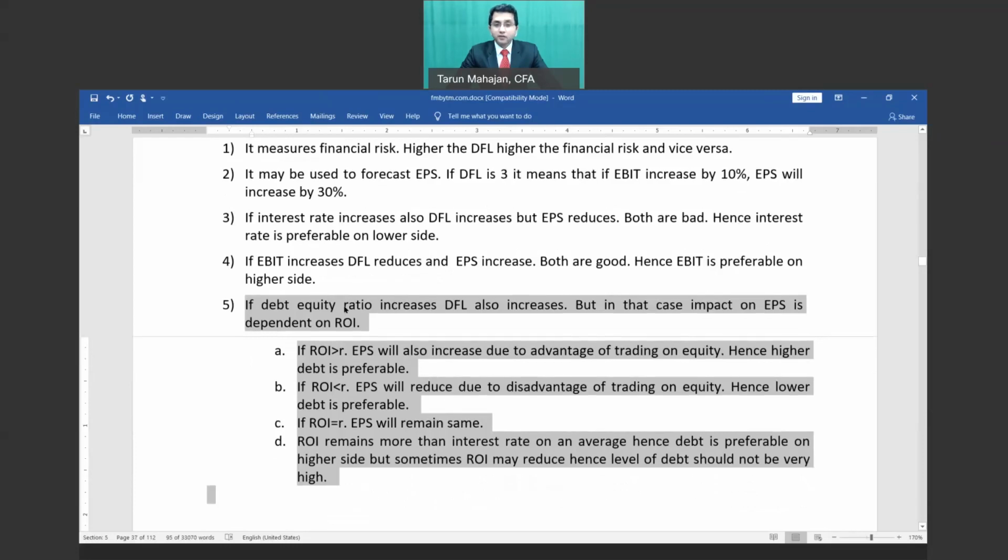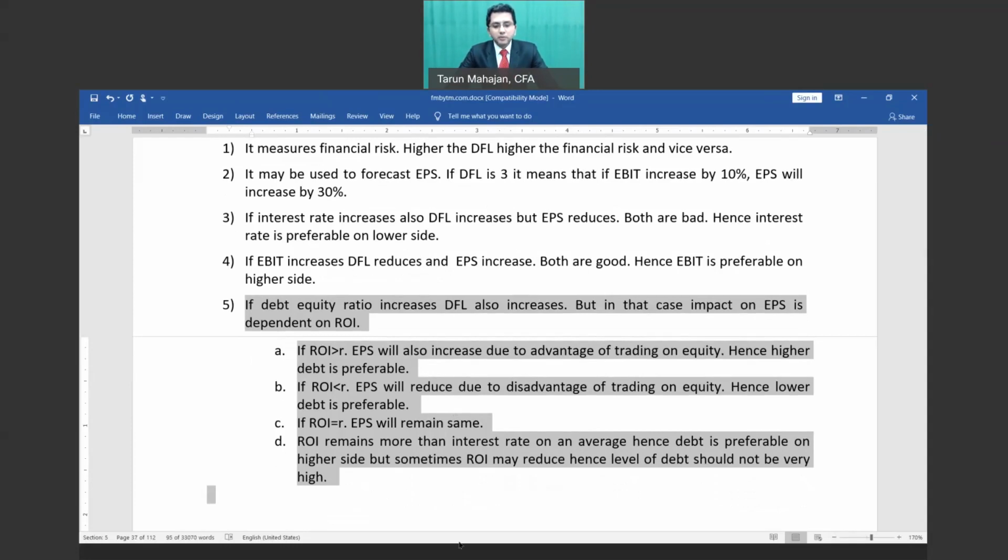So here there is one very interesting relationship, and that is the relationship between ROI and interest rate. If ROI is more than interest rate, ROI stands for return on investment.